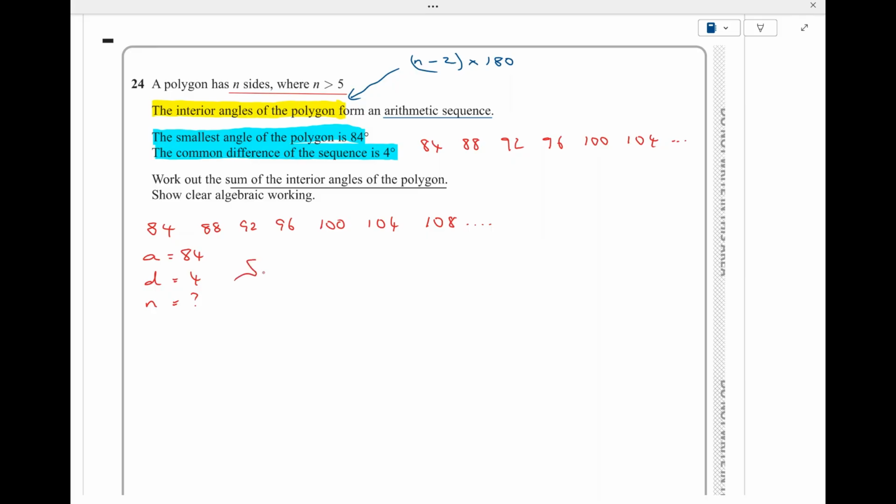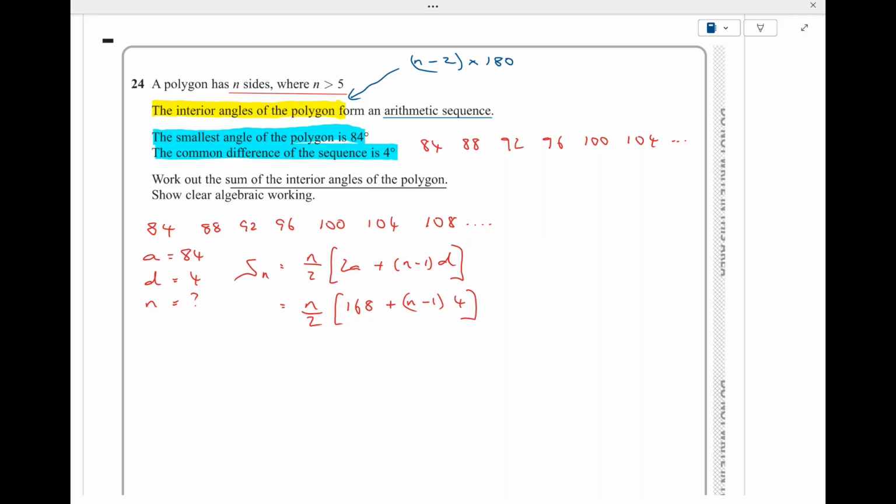Agreed? But I can now write an expression for the sum of those terms. So I know that the sum of an arithmetic sequence from the formula sheet is n over 2 times 2a plus n minus 1 d. So in this case, the sum of my arithmetic sequence is n over 2, I don't know what n is, do I, times twice a, well, it's 168, plus n minus 1 times 4.